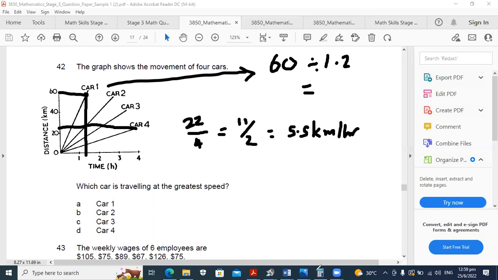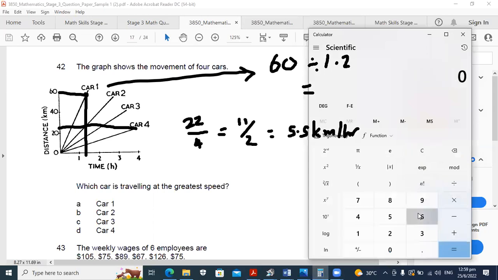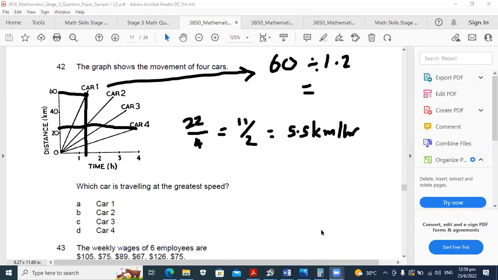So let me just get it correct: 60 divided by, say, 1.2 is 50 kilometers per hour, which is the fastest. So it's actually car 1. What you can also do is that any graph with the steepest slope would be the fastest. So car 1 would have the steepest slope.